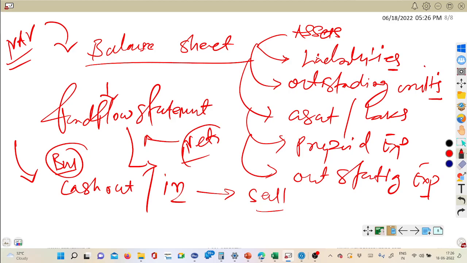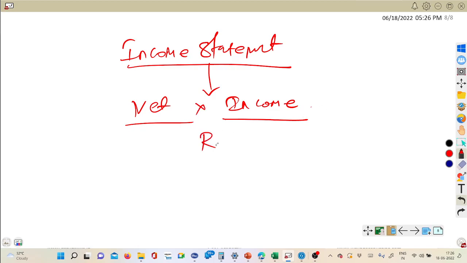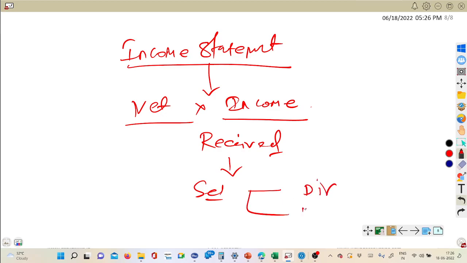Even though we prepare an income statement as well, there is no difference between the P&L and the income statement here, but in normal accounting we see a difference. In the income statement, you just calculate the net income received on securities, dividend, interest payment or any other commission, rebate, fees and all.